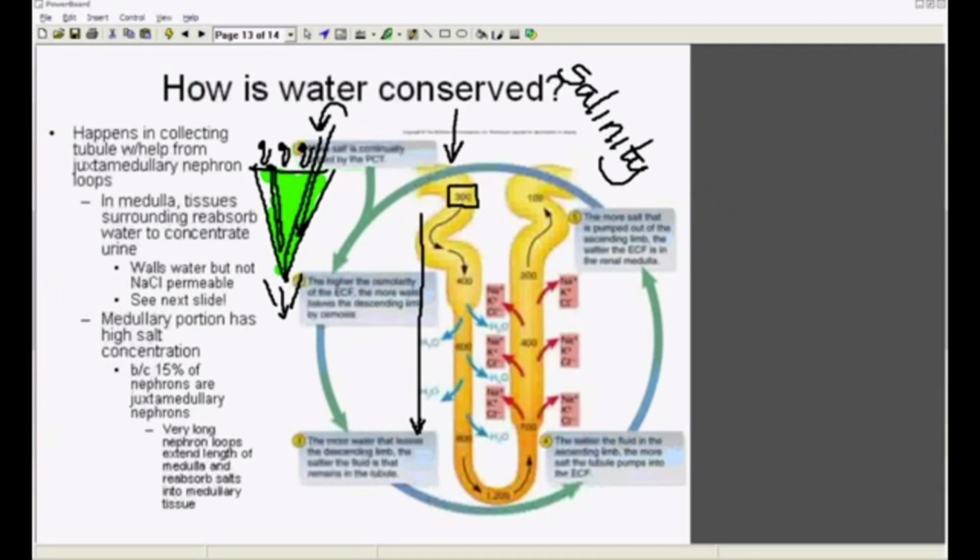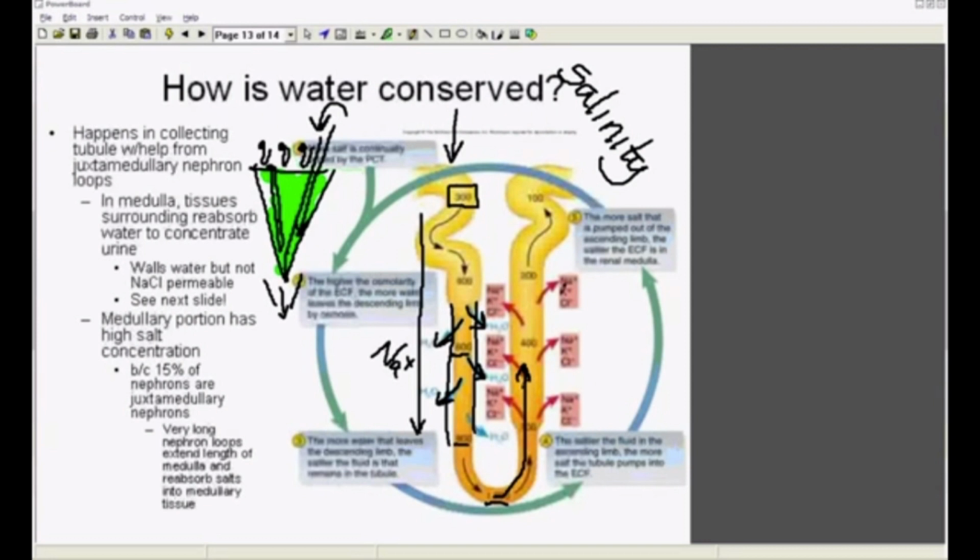Notice that as the urine passes down through this nephron loop, the concentration of the urine gets steadily more concentrated. What that means is we're losing water. And that's because this thin segment here, as we said before, is permeable to water, and water is going to exit out because it's salty around here and is going to try to dilute out the saltiness.